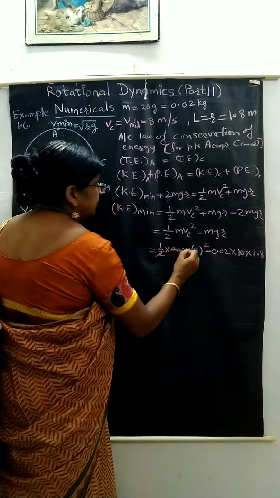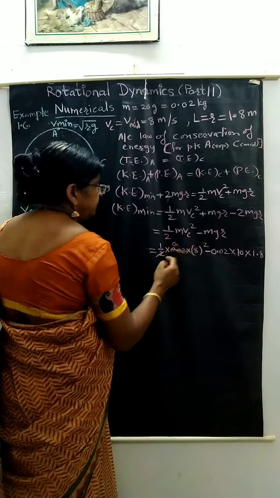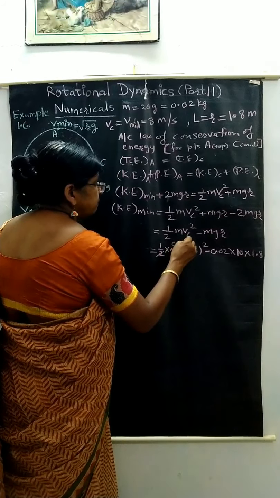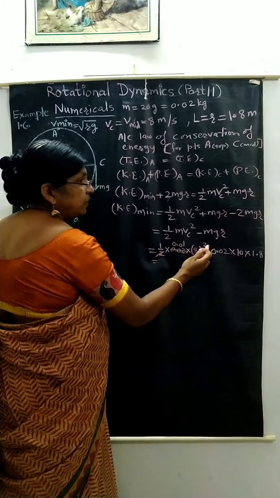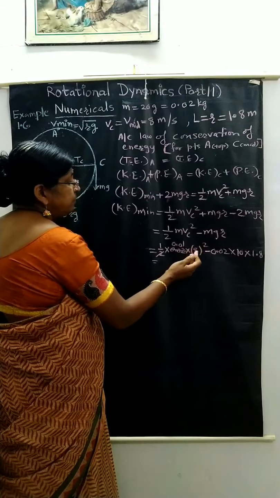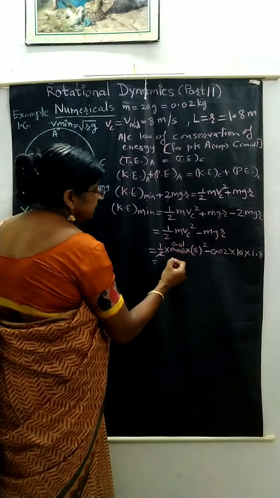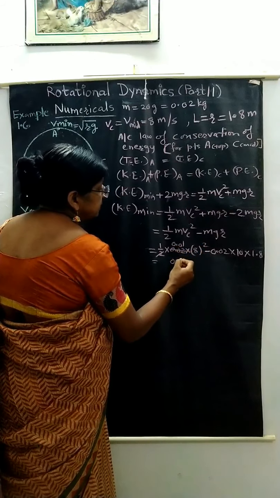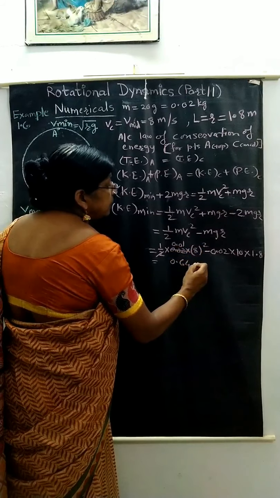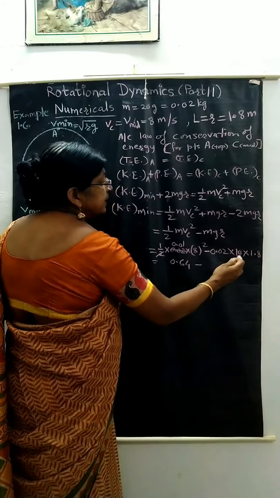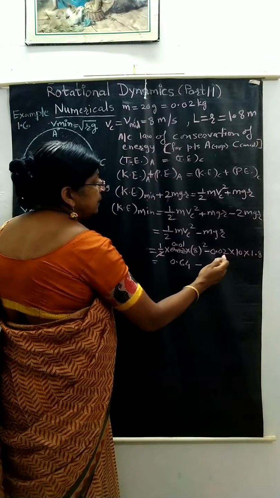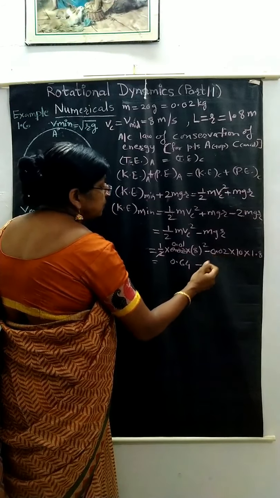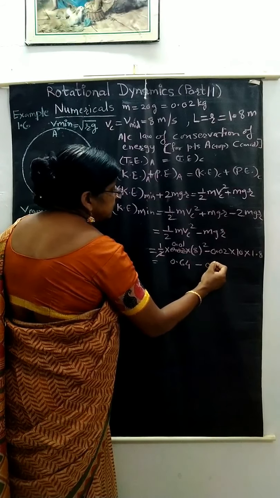Therefore, when we divide by 2, we get 0.01 and this is 64. 8 square is 64 multiplied by 0.01 gives us 0.64 minus, this is 18, 1.8 into 10 is 18, 18 into 0.02 means 0.36.